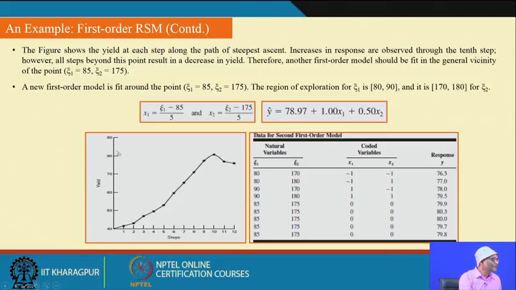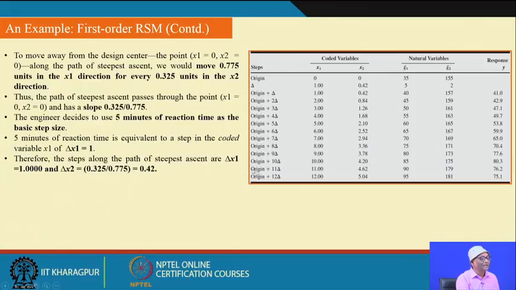The y value is all more than 80%. If I say the 10th one, the natural variables, reaction time and temperature, are 85 minutes and 175 degrees Fahrenheit. The response value is 80.3. This is the maximum value you reached.